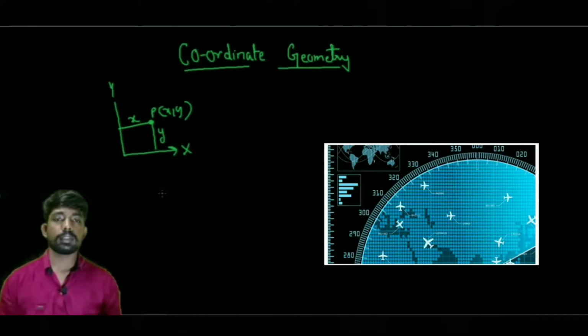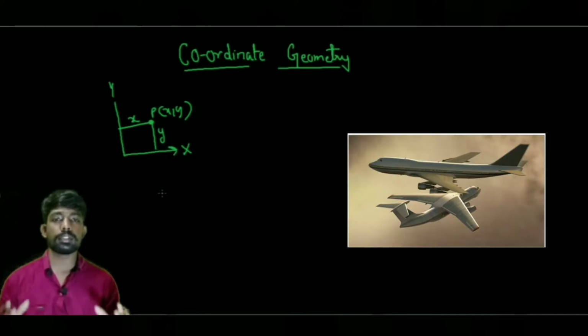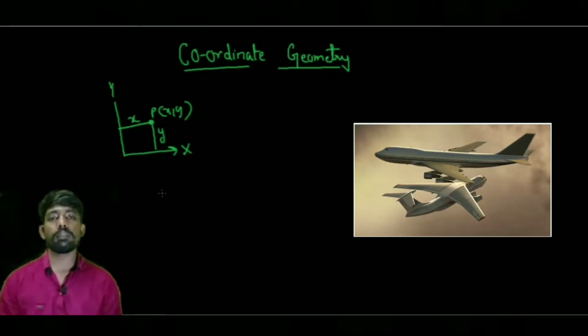In aircraft, the coordinate system is very important to detect another aircraft approaching, so that we can avoid crashes of two aircraft. If the coordinate system didn't exist, there would definitely be a chance of two aircraft clashing. So the coordinate system is very important in real life.